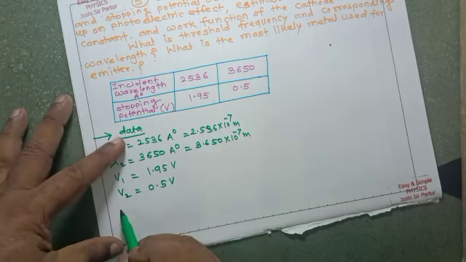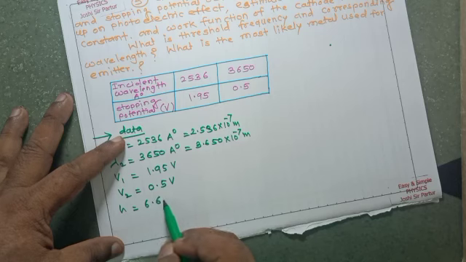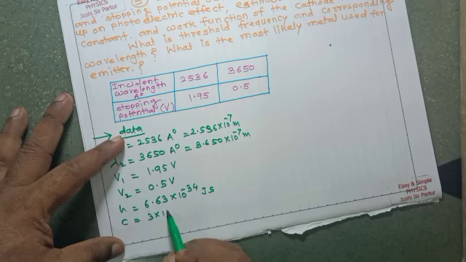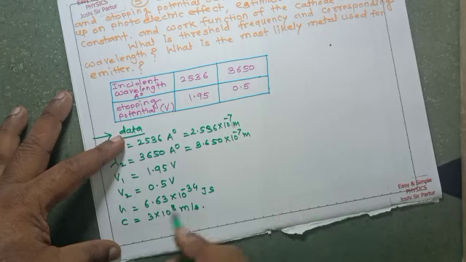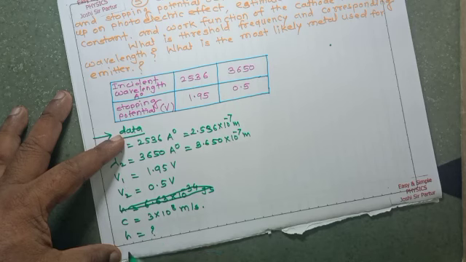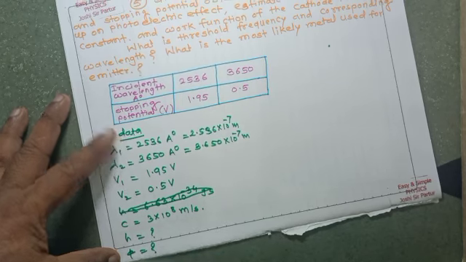So we know that the value h is equal to 6.63 into 10 to the power minus 34 joule second, c equal to 3 into 10 raised to 8 meter per second. And we want to find h, which will be determined. h is question mark and phi will be question mark.